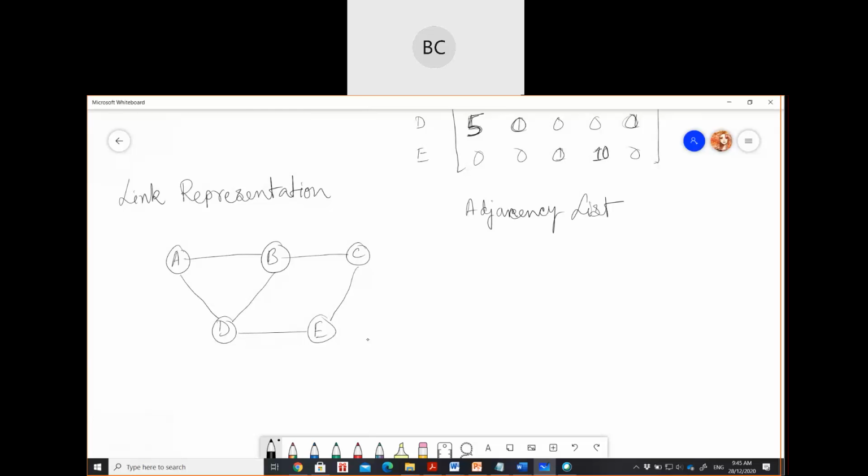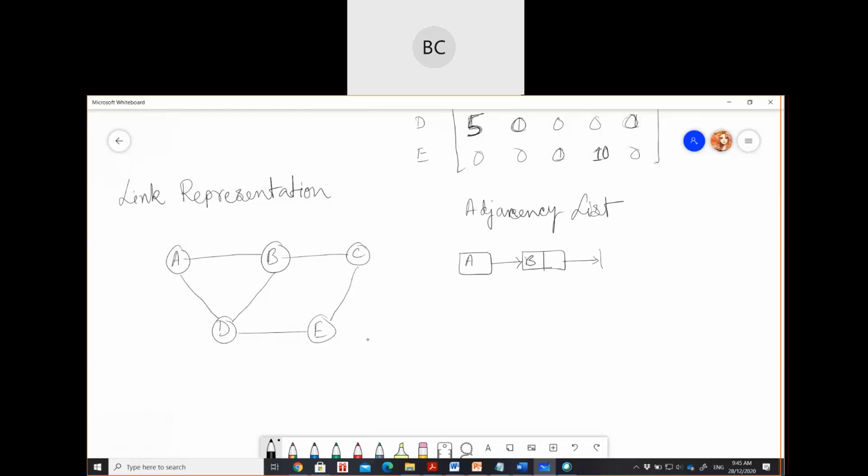So first, suppose A. Okay, first node is A. So from A, I can go to B and D. So I'm just going to form a linked list. B, then D. Don't get confused. It's not like from B to D you can go.